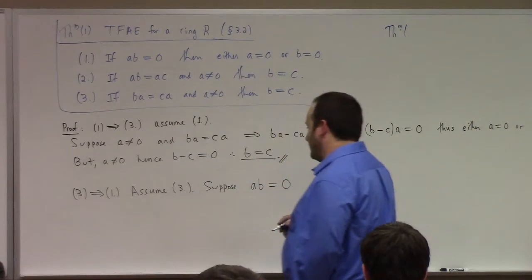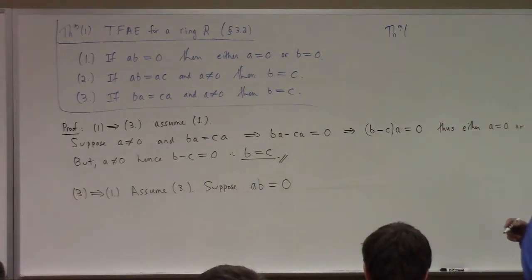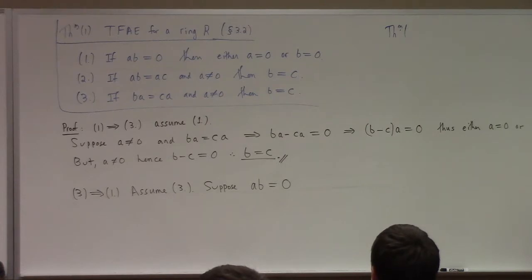If you want to try for a direct proof, I suppose. How do I use 3, though? Well, you assume B equals C, and once you get to B minus C times A equals 0, you say that B minus C would have to be 0.